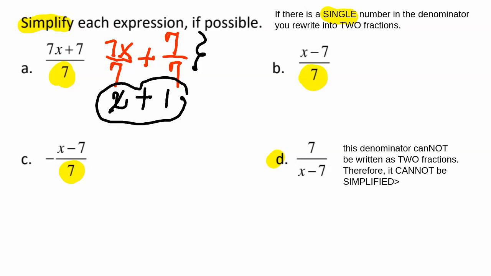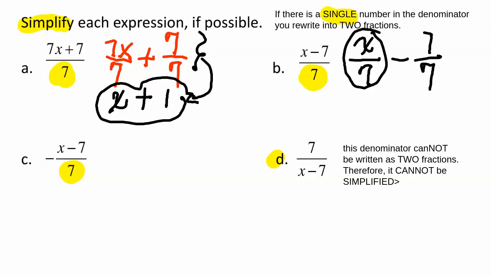From the two fractions, I simplify each fraction. Same thing with b. This is x over 7 minus 7 over 7. Well, this fraction is going to stay because I can't reduce it. But look at this fraction. What does that fraction equal? It equals 1.